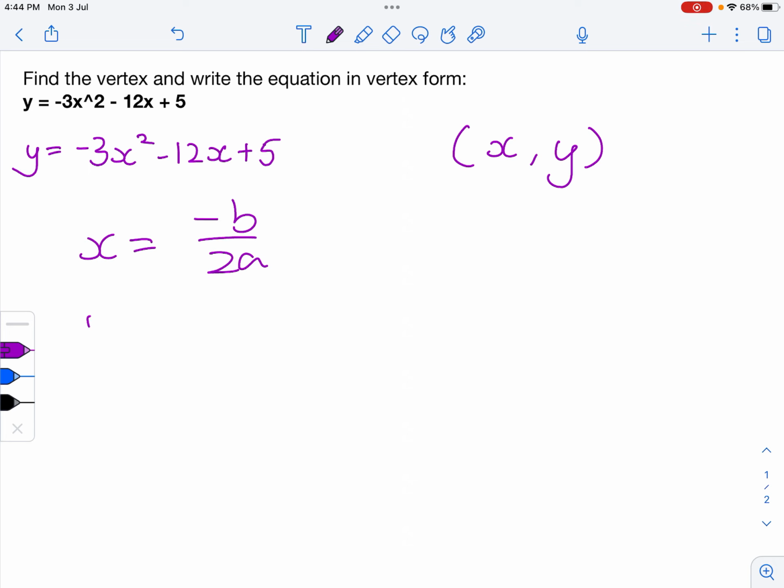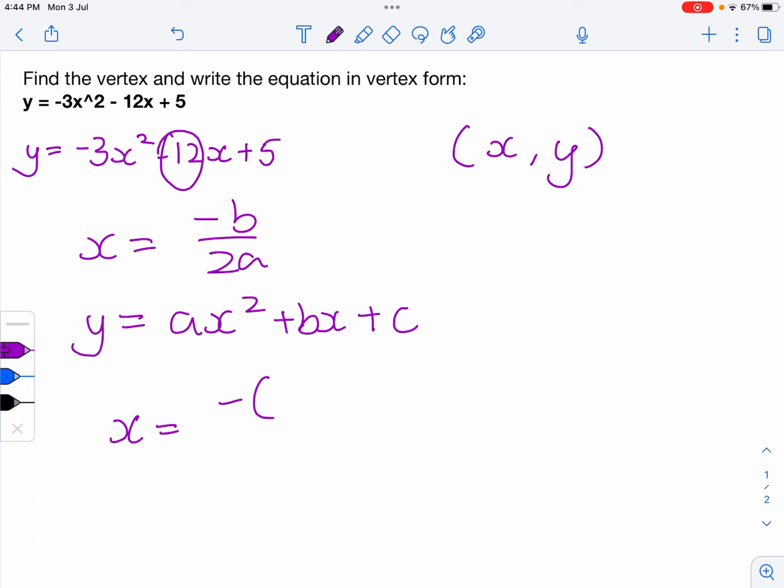And when you look at standard form, we know that it is in terms of ax squared plus bx plus c. And when we plug this in, we can put b as negative 12 because we know that b is in the middle. Here, in terms of the equation we're given, b is negative 12. So we put negative 12 as b, and then we substitute a as negative 3.